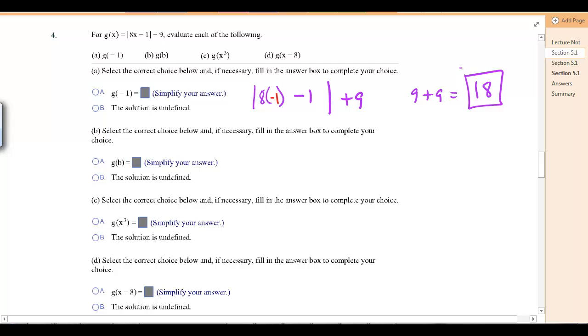All right, let's do g of b. So we've got the same thing, 8 minus 1, and we've got b here. All right, so that's simply, you can't do much with that. There was a plus 9 out here. We've got the absolute value of 8b minus 1 plus 9.